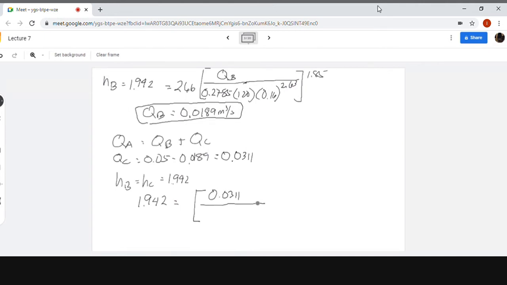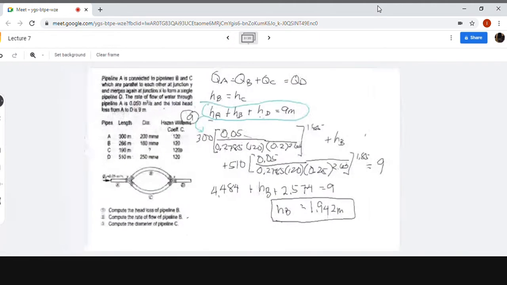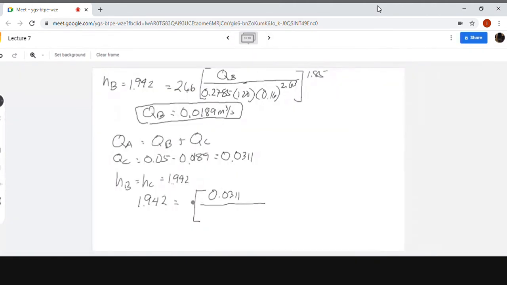So 1.942 is equal to your Q that we got, which is 0.0311. The length is 190. So this is 190 times 0.2785, C of 120, then D unknown to the 2.63, all to the 1.85.